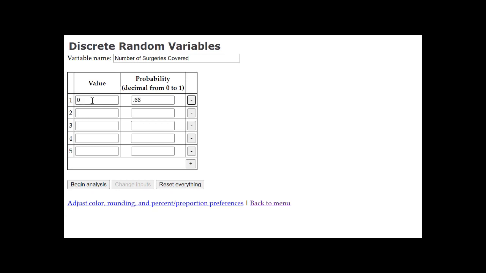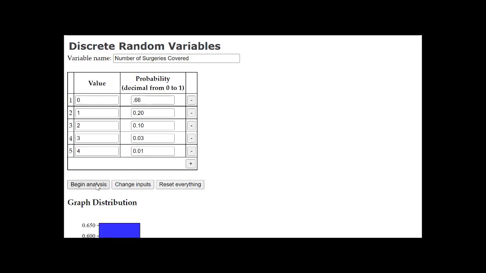Probability is 0.66. Then my next value is 1 surgery, 0.20, 2 surgeries, 0.10, 3 surgeries, 0.03, and 4 surgeries, 0.01. Now, if I had made a mistake and I had put 0.02 by accident, say, oh, you got a mistake there. These all have to add up exactly to 1 for this to work.